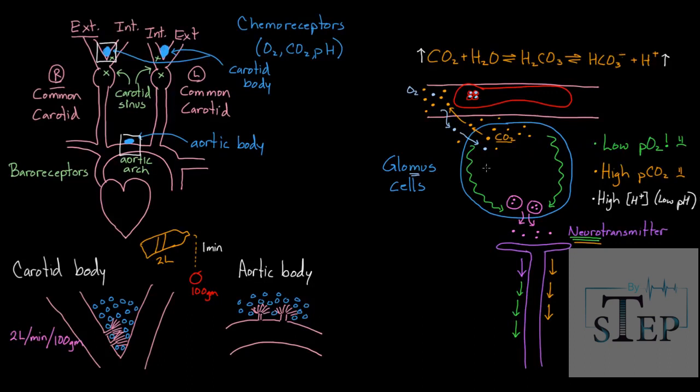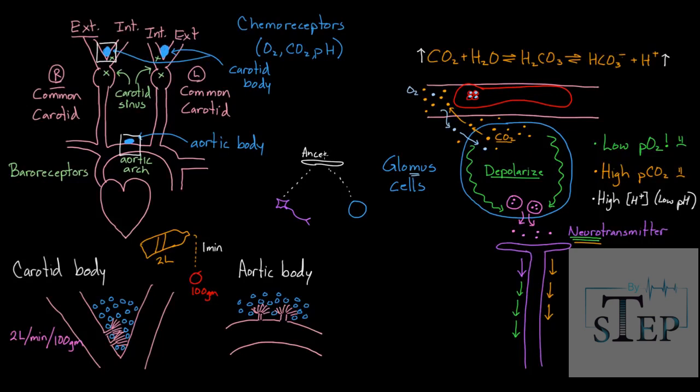So if you're like me, you're thinking, well, wait a second, this is really interesting. You know, our cell is depolarizing. It can depolarize. It also has this neurotransmitter that I mentioned. Our glomus cell then, right here in blue, is basically sounding a little bit like it has properties of a nerve cell. This is a nerve cell. And the reason for that is that if you actually take a look, these two cells have kind of a common ancestor cell.